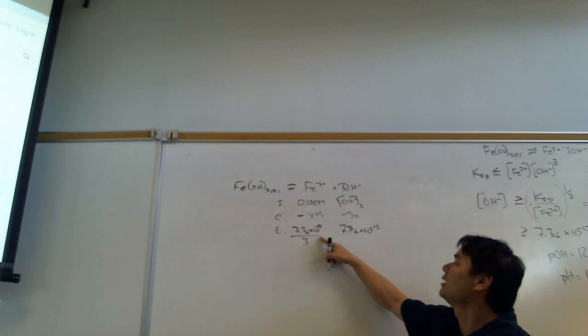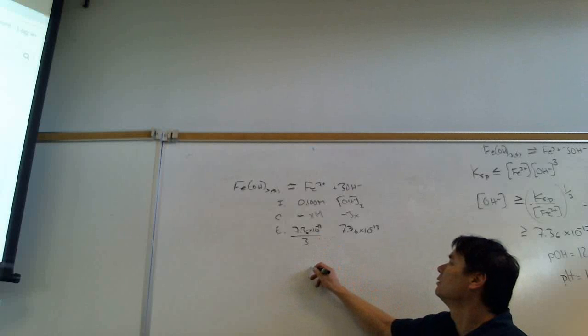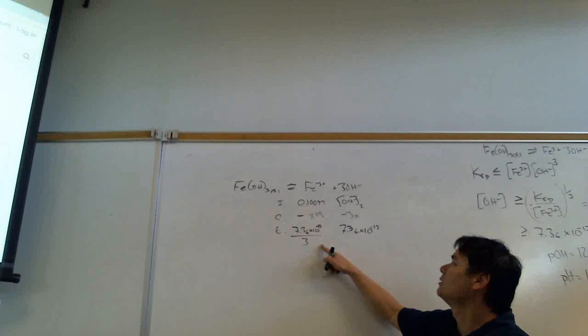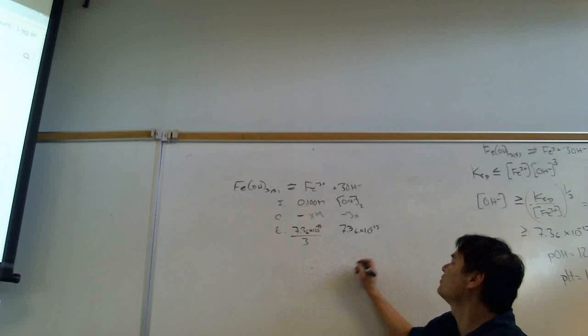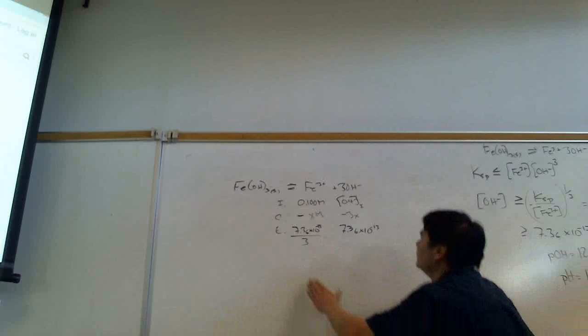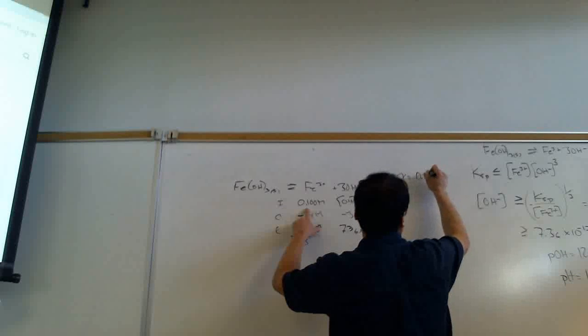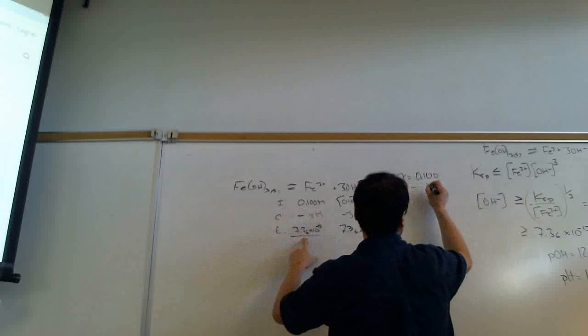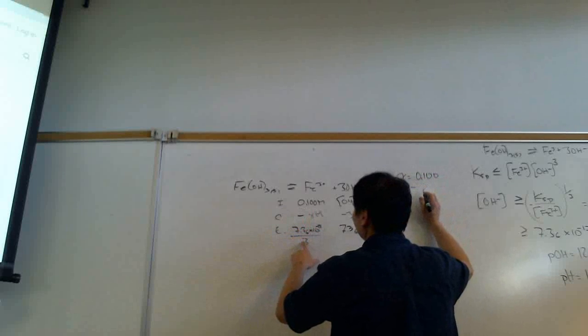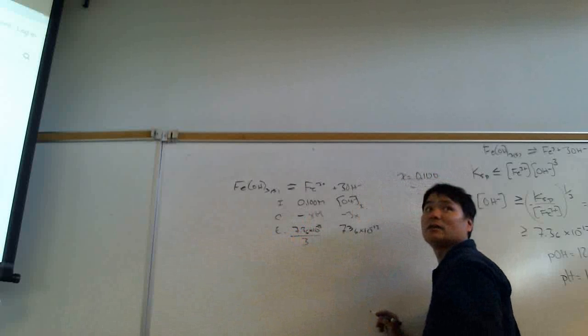No, x isn't that. Where x is 0.100 minus this. And so let's figure out what x is. x is equal to 0.100 minus this. So if somebody can punch this out, that would be good.